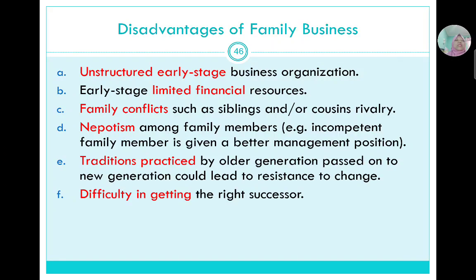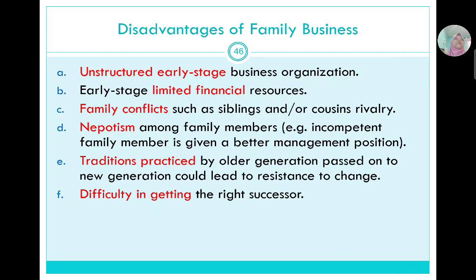Okay. Sorry, the disadvantages of family business: structure in the early stage is limited; family conflict, maybe rivalry between cousins and siblings. You always see it in the movies, right? Conflict between family members in managing the business. Competition in getting the higher positions in the company.